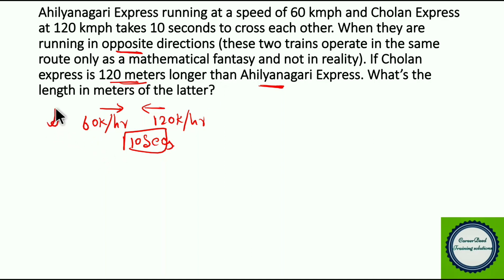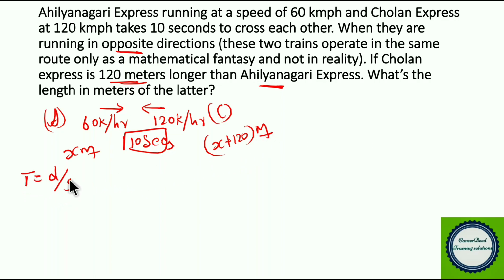So if Ahilyanagiri Express is x meters, then Cholan Express will be x plus 120 meters. Now we know time equals distance divided by speed. The time here is 10 seconds, and the distance is x plus x plus 120, because it is the length of the first train plus the length of the second train.